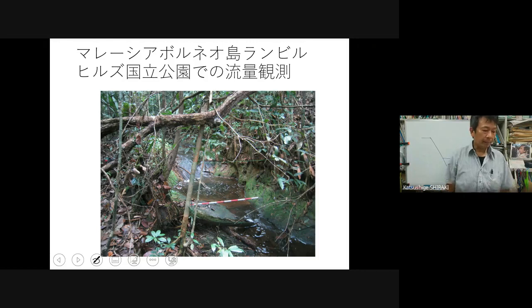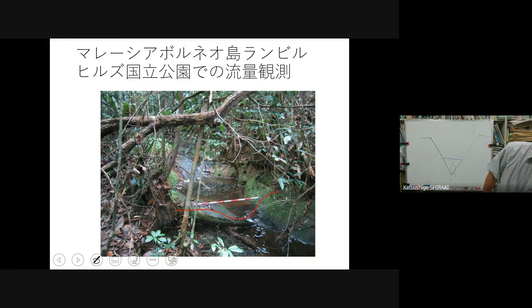So I checked the water height and the shape of this cross section at the river. Then I checked the water flow with a propeller current velocity meter.